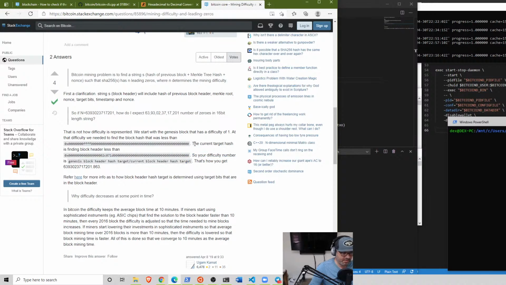So the first Genesis block target was 1. Your difficulty number is the Genesis block header hash target, which is 1, divided by the current block header hash target.